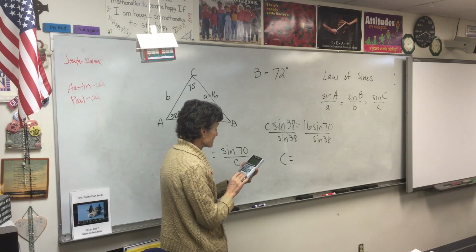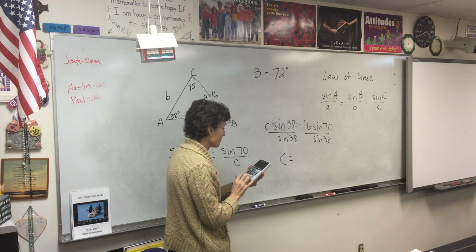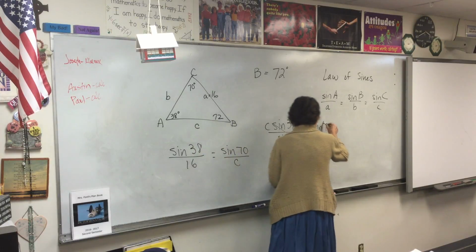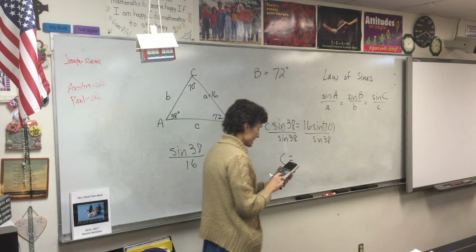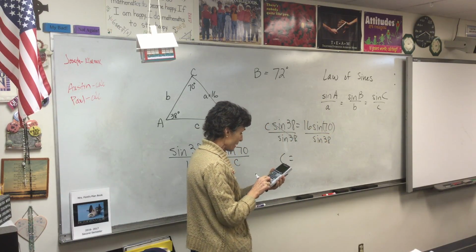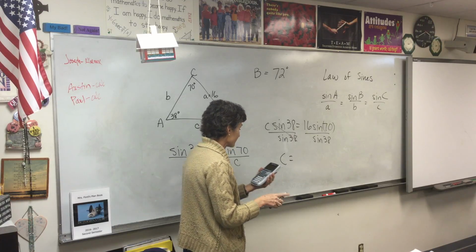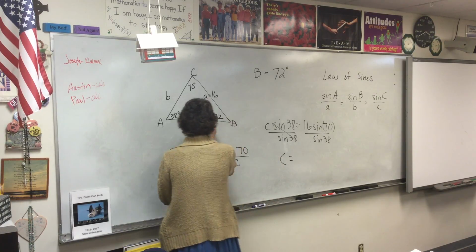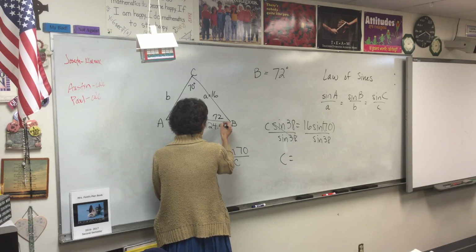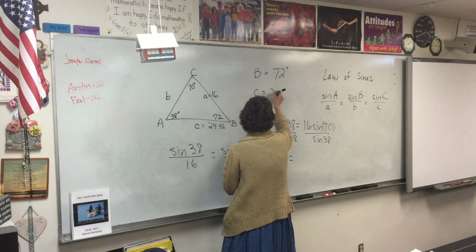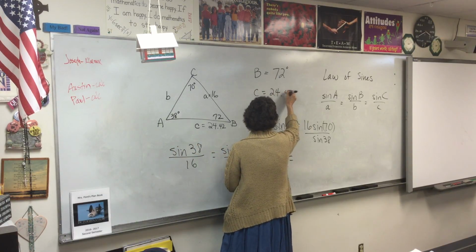And when you type 16 sine 70, be sure you close those parentheses before you hit divided by sine 38. Did you get 24.42 for side C?